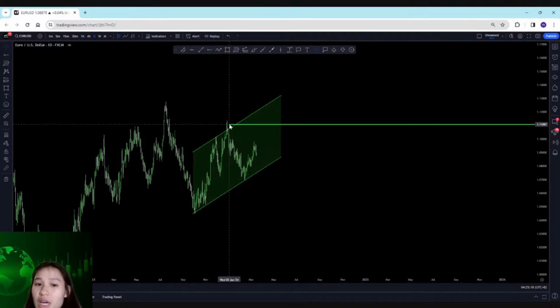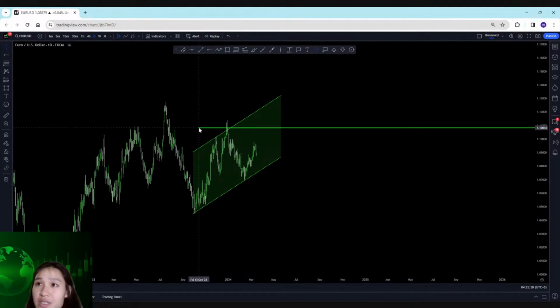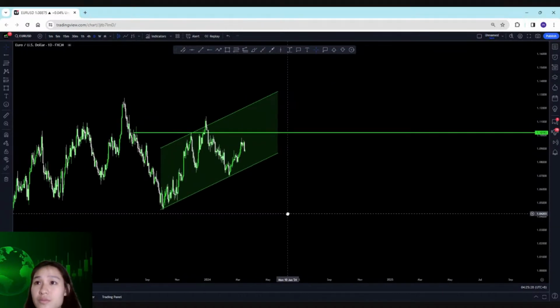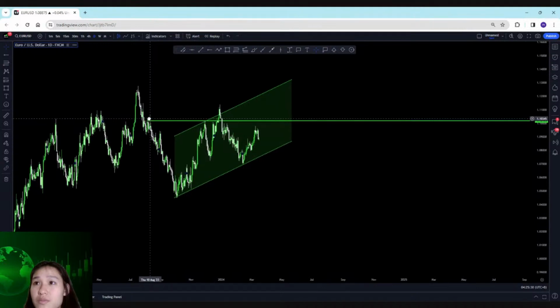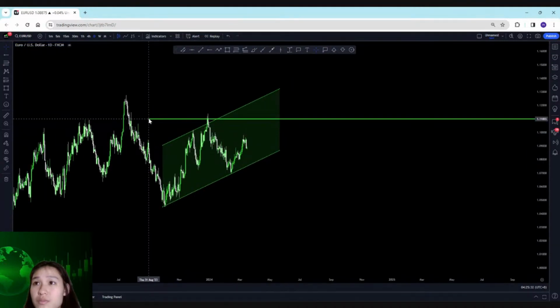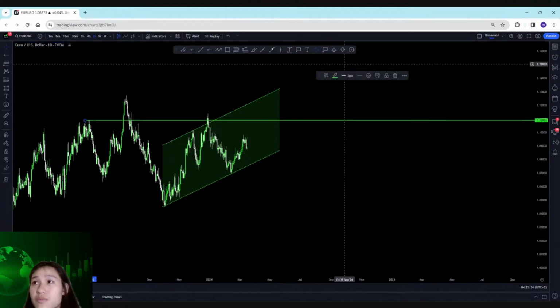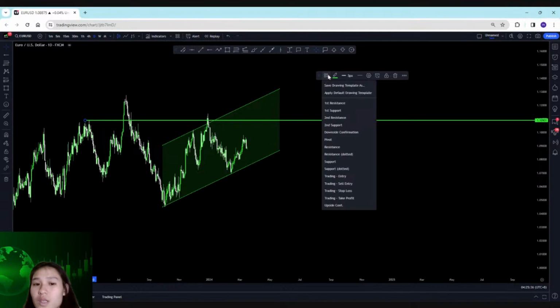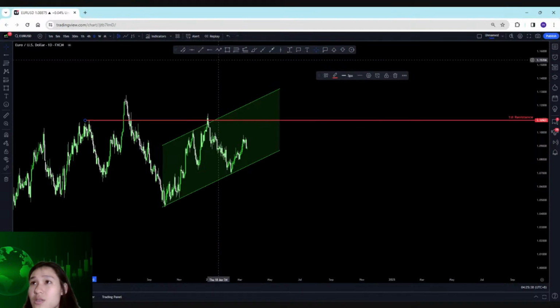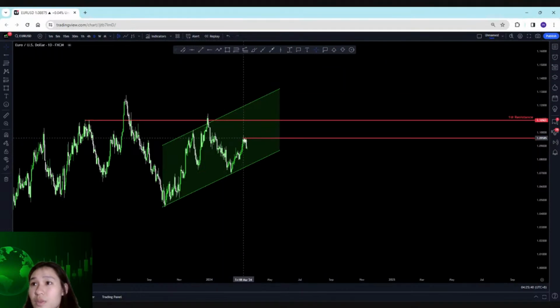Now let's go in with our support and resistance levels. Okay, this is my first resistance, my pivot here.